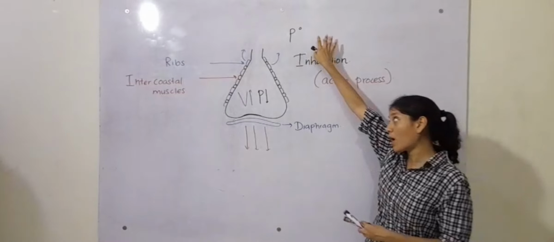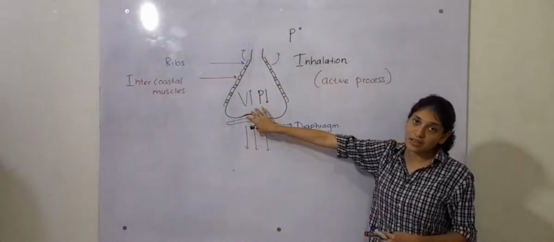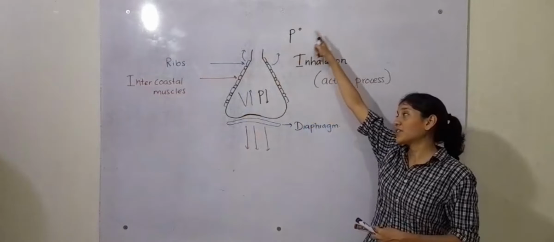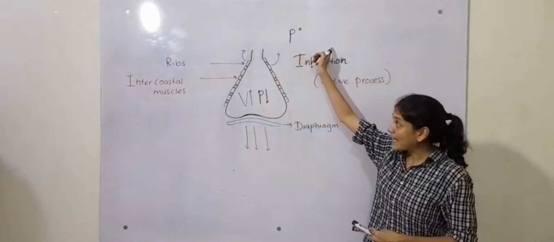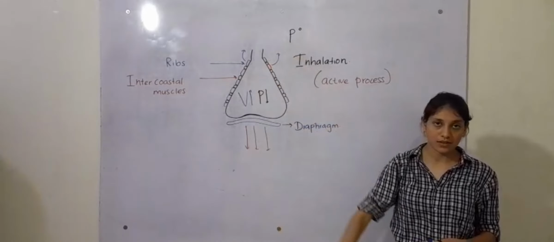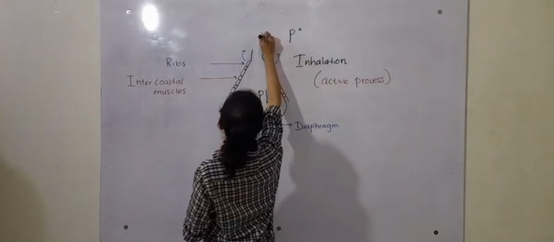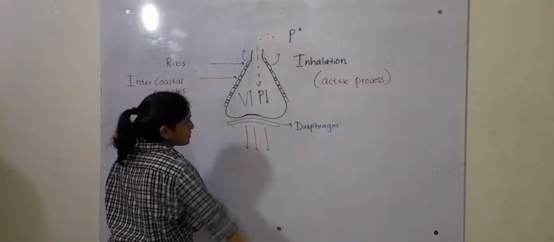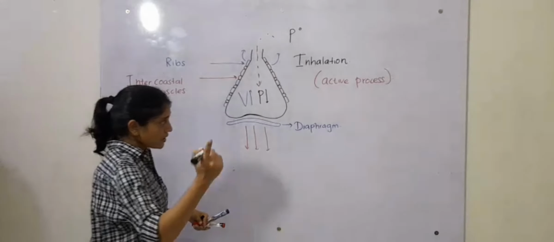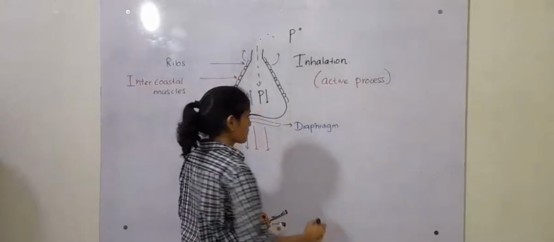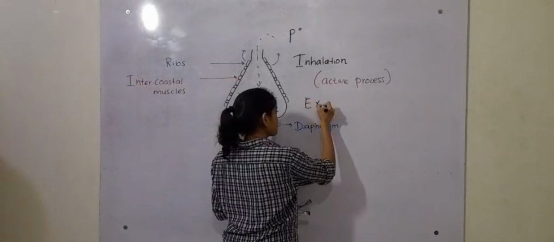So air moves from high pressure area to low pressure area. Therefore air starts flowing into the lungs. Hope you understand that. Then people, during exhalation, what happens?